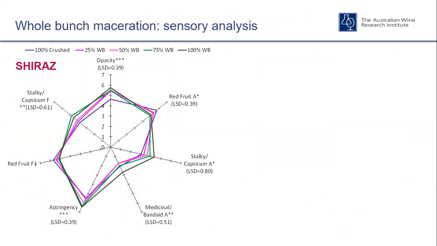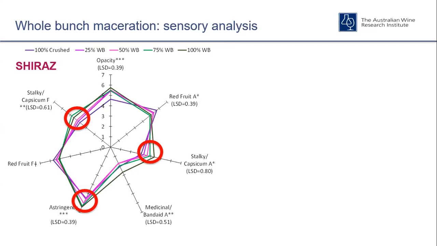Again, the proof is in the sensory analysis. And this graph just shows you moving from green to purple, how we move from 0 to 100% whole bunch. And the key attributes which changed here, which one would expect with that increase in isobutyl methoxypyrazine, was increases in stalky and capsicum flavor and aroma. Importantly there, we saw that there was a strong increase in astringency, so that tracked with that tannin increase.